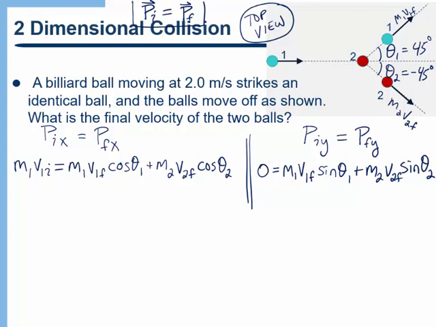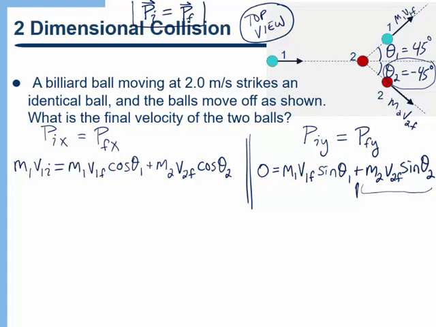Now, you might have said, shouldn't this be negative? The reason I'm not going to put a negative sign in there is that I am treating this angle as negative. So when I take the sine of negative 45 degrees, this whole thing will be negative as we expect. So that's why I'm not putting in a minus sign by hand there.